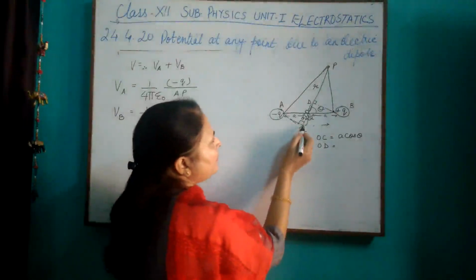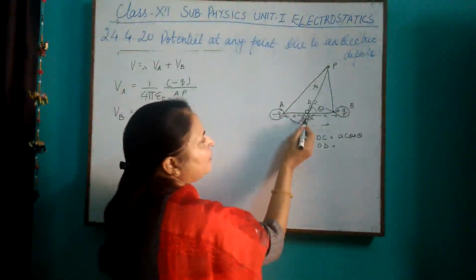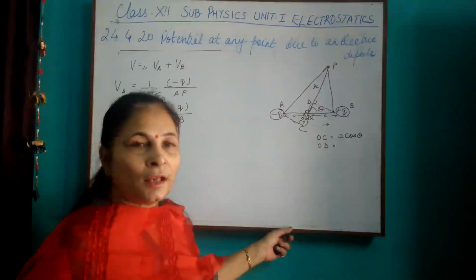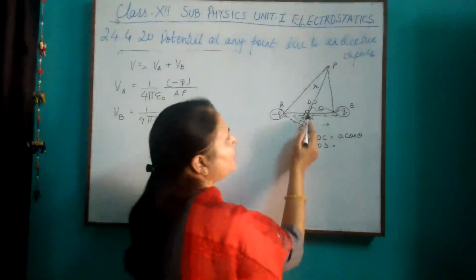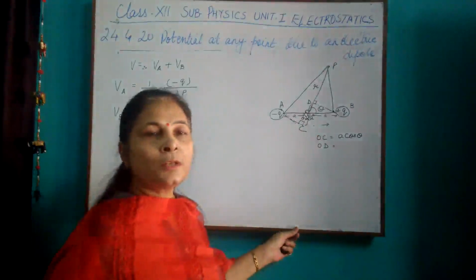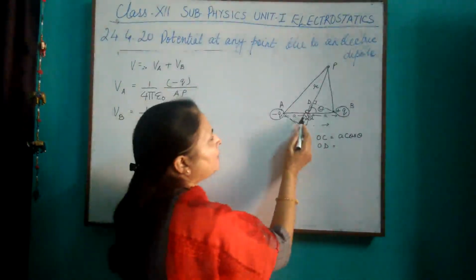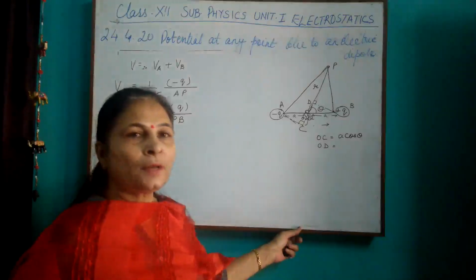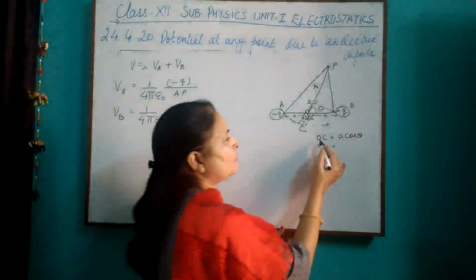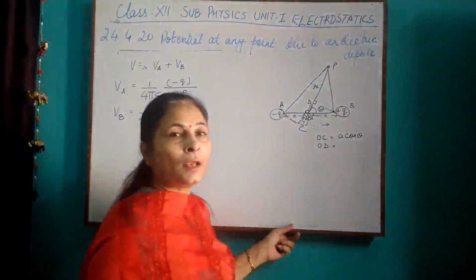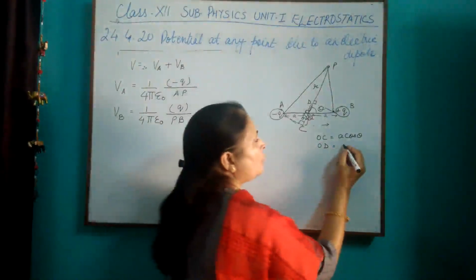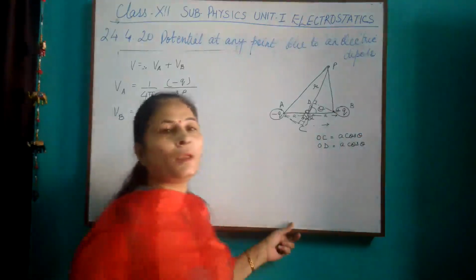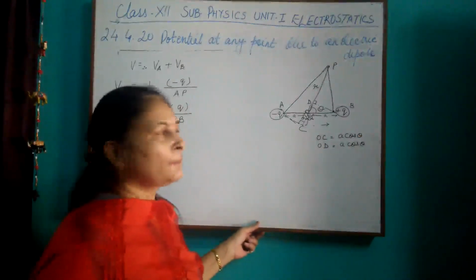Now this triangle is a right angled triangle in which I want to calculate the value of OC, and what is known to me? The angle theta inside A. So using the trigonometric ratio for cos theta, OC will come out to be A cos theta, and OD also will come out to be A cos theta.